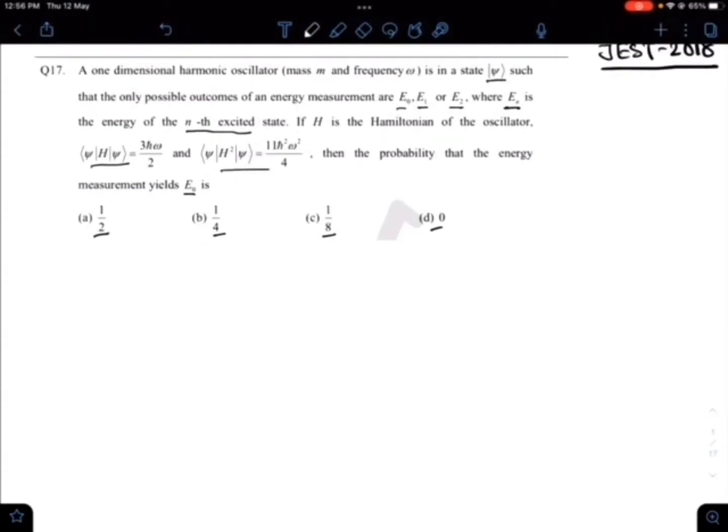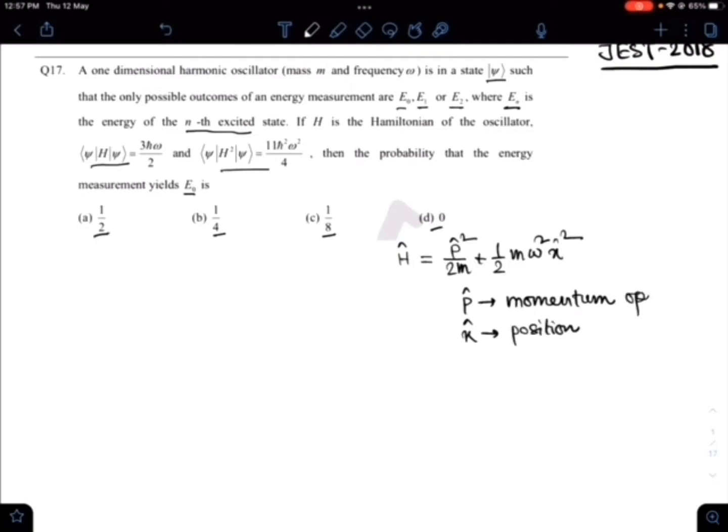We know that for a one-dimensional harmonic oscillator, the Hamiltonian operator is defined as p hat square by 2m plus half m omega square x hat square, where p hat is the momentum operator and x hat is the position operator.